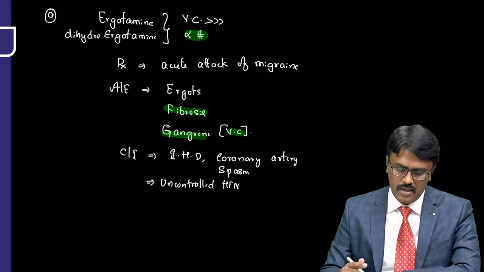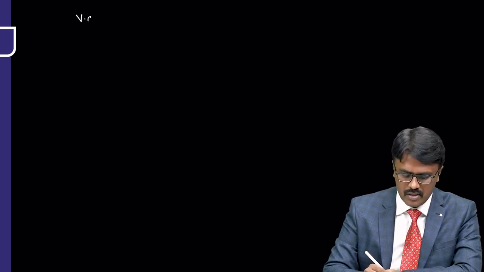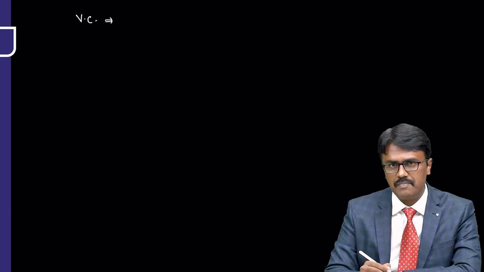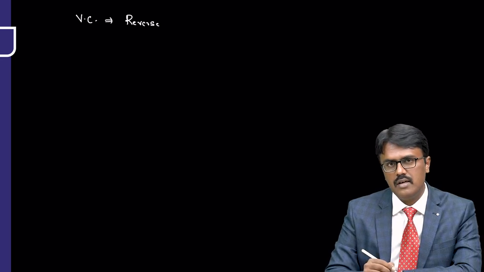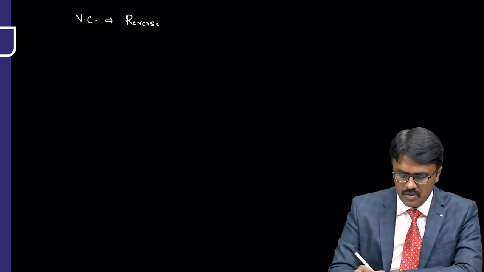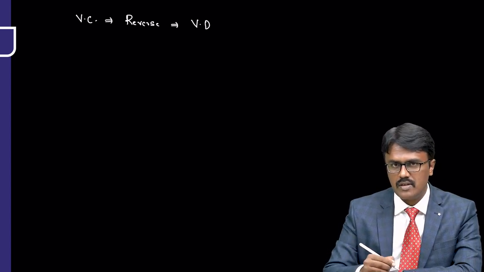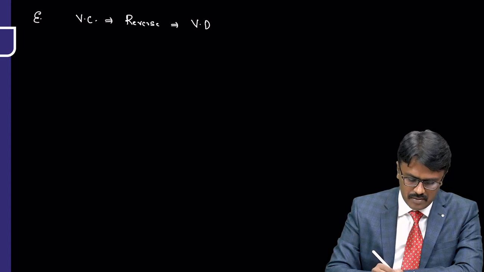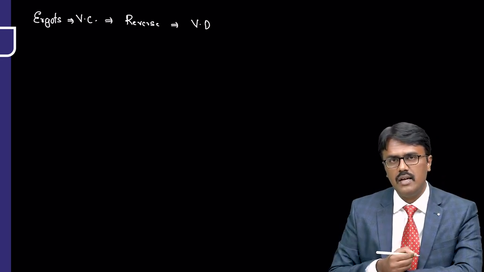Now, if the patient has been given ergotamine and comes with gangrene symptoms, before gangrene the patient will have vasoconstriction symptoms like numbness and tingling. How do you reverse this vasoconstriction before gangrene? The best approach is a vasodilator. When we use ergots, there is vasoconstriction, and the patient comes with tingling and numbness.